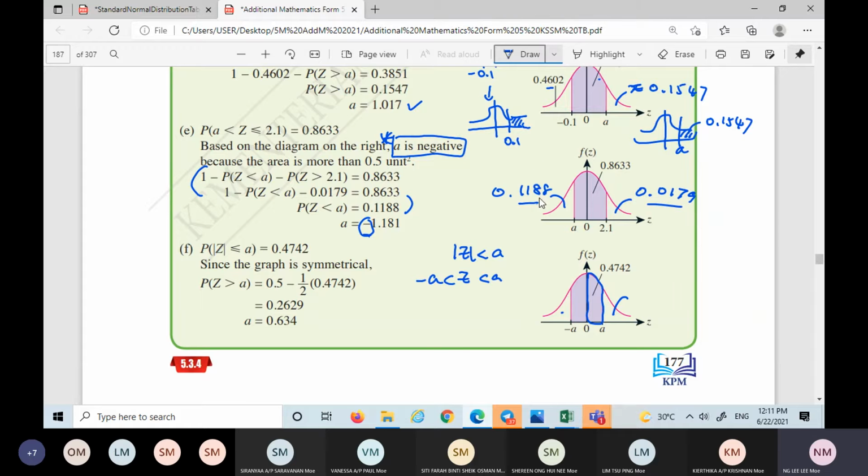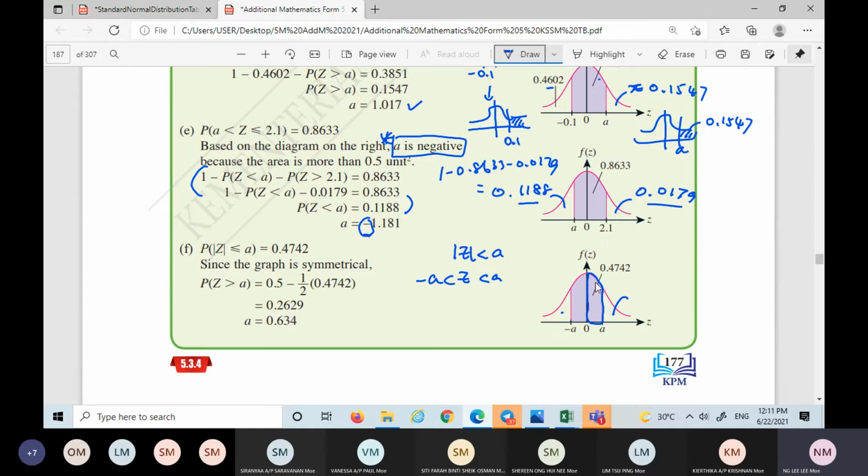This one is read from the table, nothing to show. This one, how do you get? Maybe you show it. You write 1 minus 0.8633 minus 0.0179 equals this. Any working, then you show. You show here and there a piece. If you don't know how to write in this way, for me to write in this way and explain to you is even more difficult actually. I think the diagram is easier.